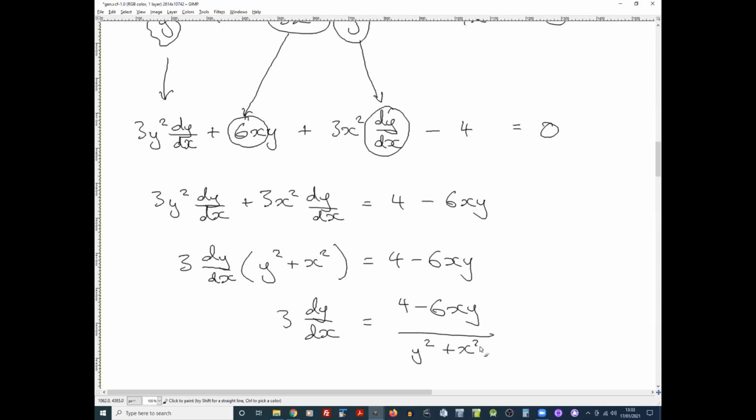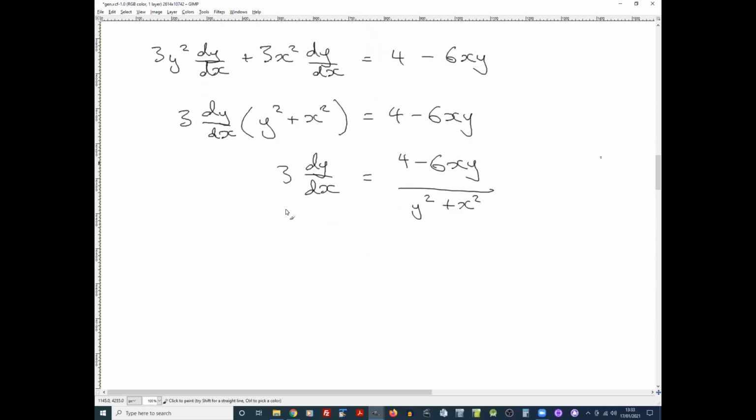So dy by dx equals 4 minus 6xy over 3y squared plus 3x squared. Might as well expand it like that. You could factorize top and bottom, but if you're going to factorize the bottom, why not factorize the top? It's not an urgent need for factorizing. That's fine.